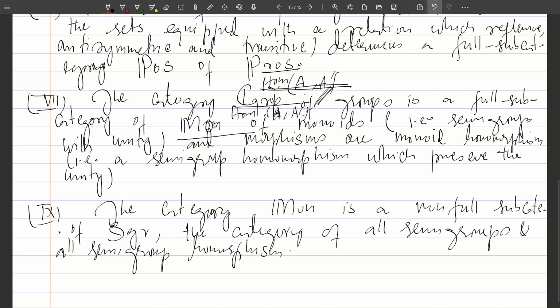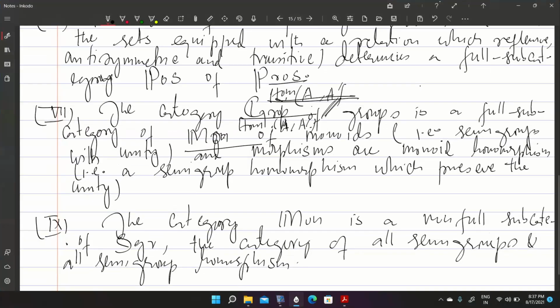So these were some examples of full and non-full subcategories.